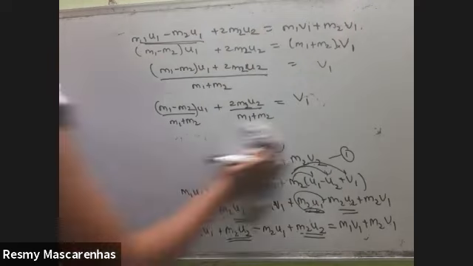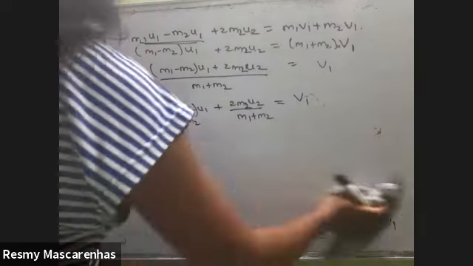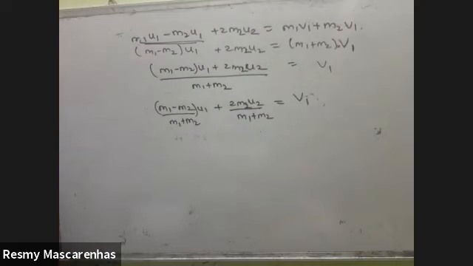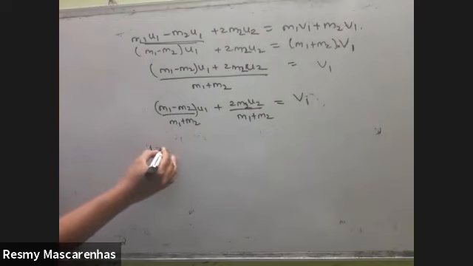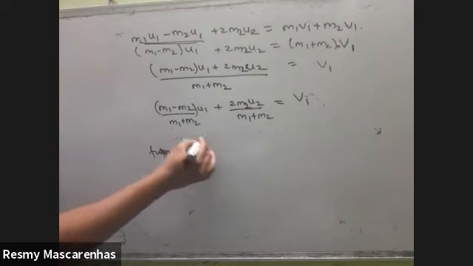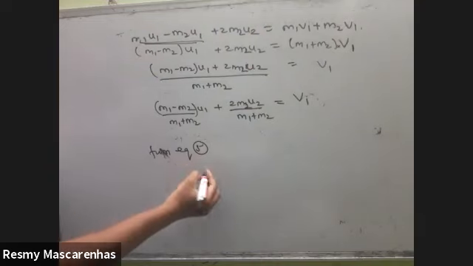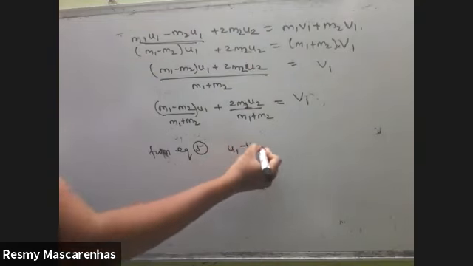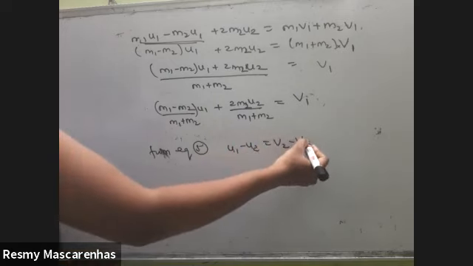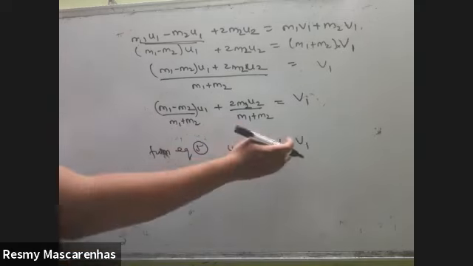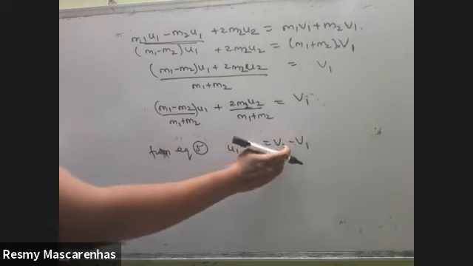But also from equation number 5, okay, what was equation number 5? From equation 5, equation 5 was U1 minus U2 equals to V2 minus V1. So as per that logic, what is V1?